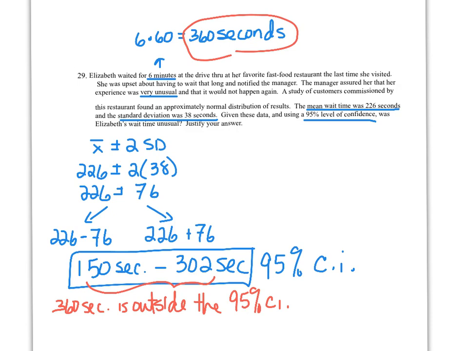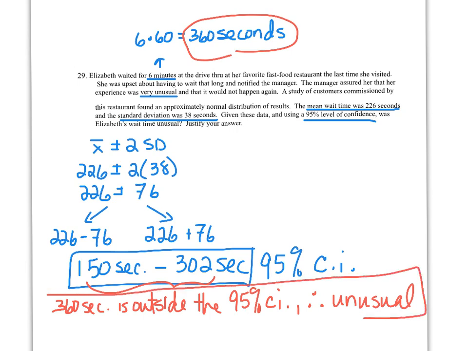So if that's the case, is that an unusual occurrence or does that happen a lot? Think about that. If it's outside that 95% confidence interval, that would be what we would call unusual. So the manager was right. An unusual occurrence. And Elizabeth is just going to have to sit tight now, isn't she?